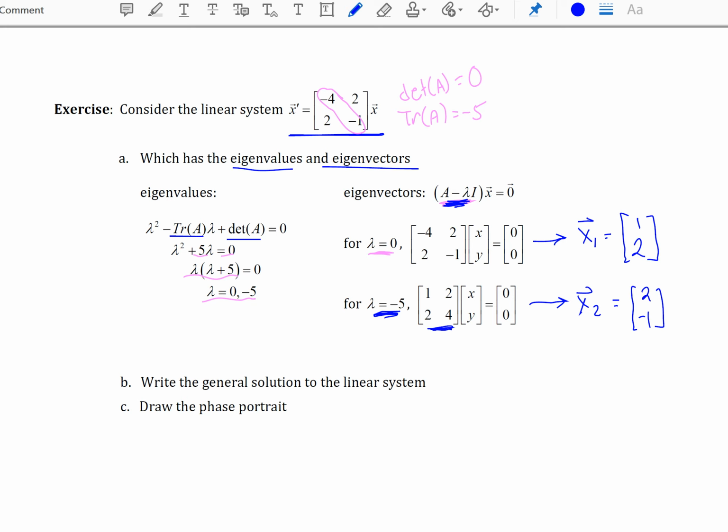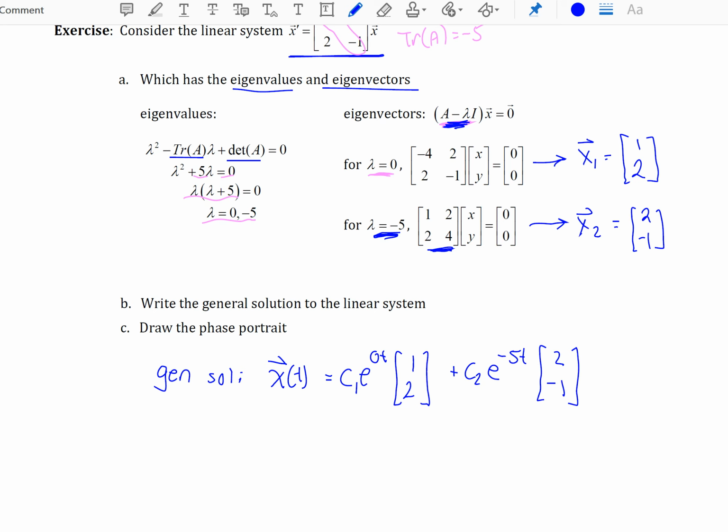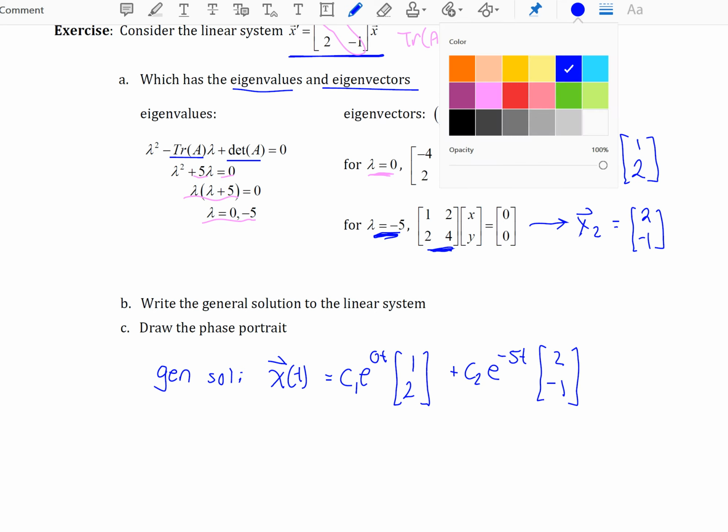And because we have two eigenvectors, we can write our general solution as x of t equals c1 e to the 0t times its eigenvector 1, 2 plus c2 e to the -5t times its eigenvector. It feels weird writing this with a 0 exponent though.